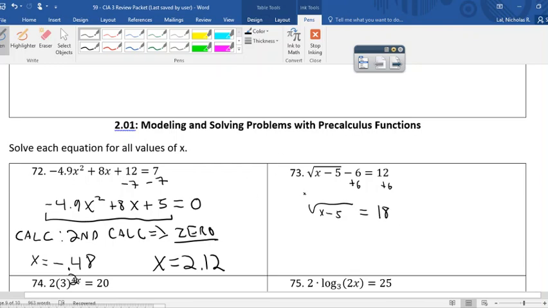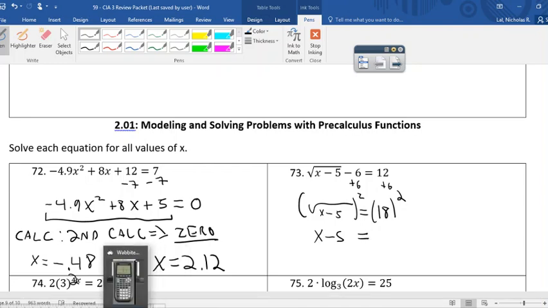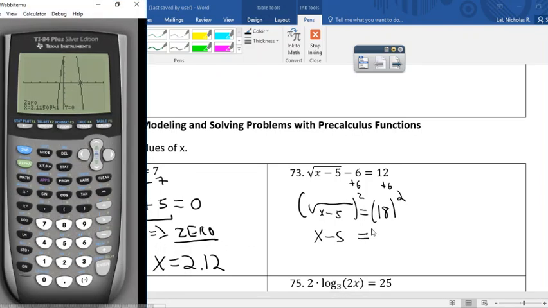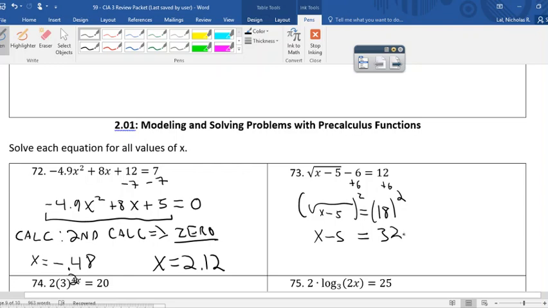I square both sides, so the square root of x minus 5 squared is x minus 5, and 18 squared is 324. Add 5 to each side. So x should be equal to 329. Just note that 18 squared is equal to 324.